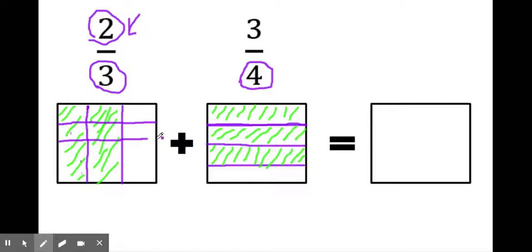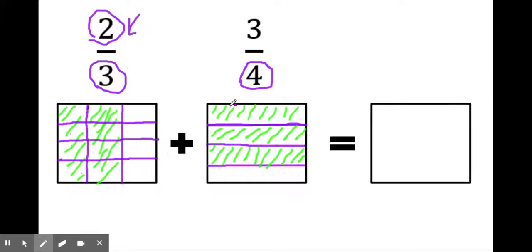You want to do the opposite of what you did the first time. Now we have divided this into fourths, and as you can see, we have 1, 2, 3, 4, 5, 6, 7, 8, 9, 10, 11, 12 parts.